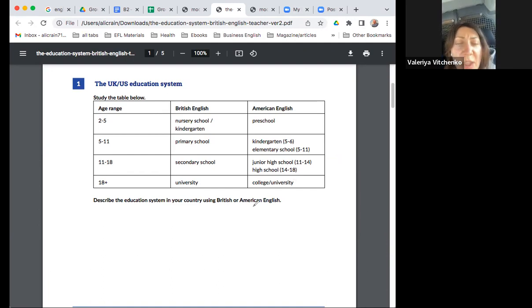Actually, it is called high school, but the students still have the option to leave school after 9th class. So it's much better for them if they want to go to university earlier.